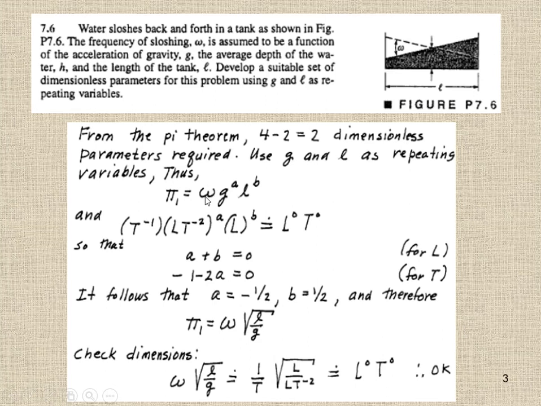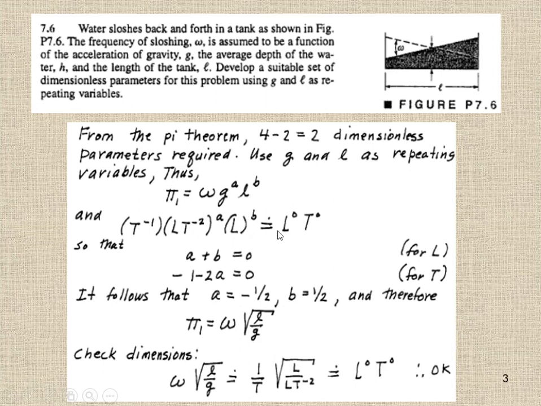Here we replace the variables with their fundamental dimensions: omega with T minus 1, gravitational acceleration with L T minus 2, and L is the length.